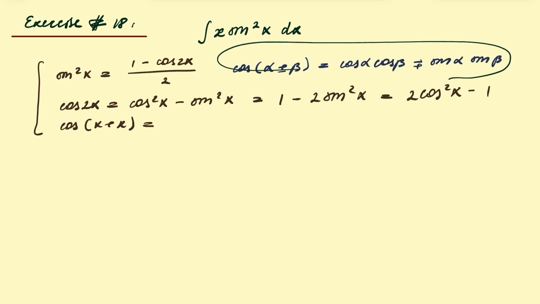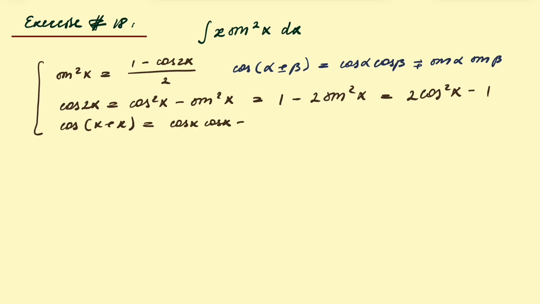So following this, I can express cosine of 2x as cosine of x plus x, and write cosine of x times cosine of x minus sine of x times sine of x, and this is the same as cosine square of x minus sine square of x. Alright, I think it's enough for a remark, and after this point the integral is pretty straightforward.